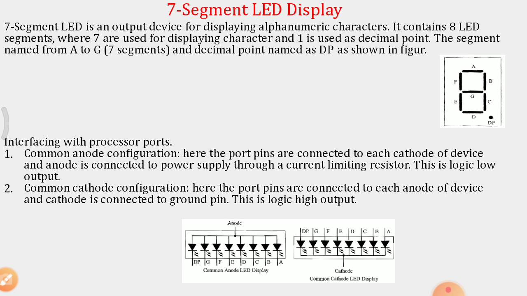In the figure on the left side we can see the common anode configuration. So this is a logic low output. Another configuration is the common cathode configuration, where the port pins are connected to each anode of the device and the cathode is connected to the ground pin. So this is a logic high output.